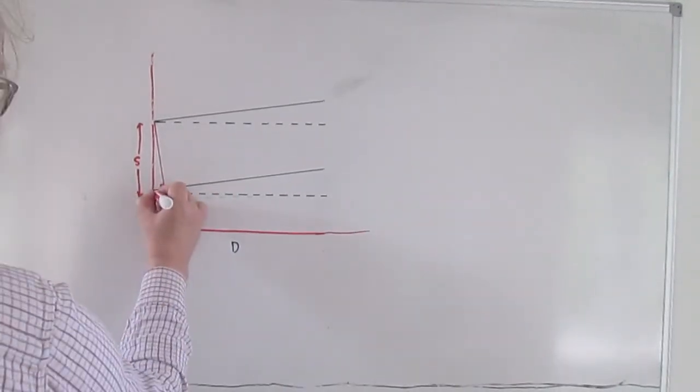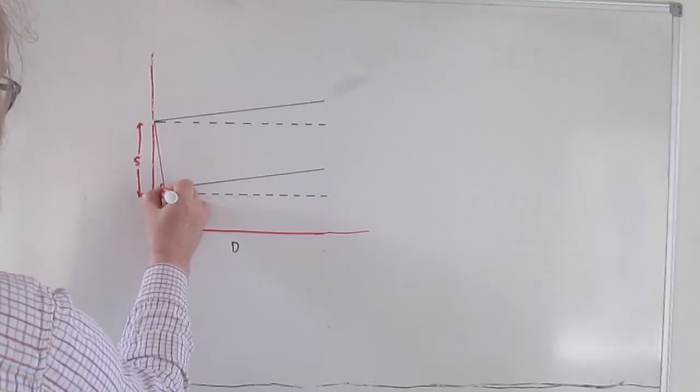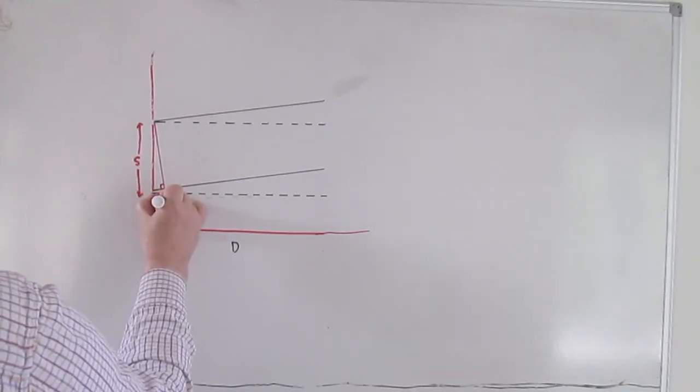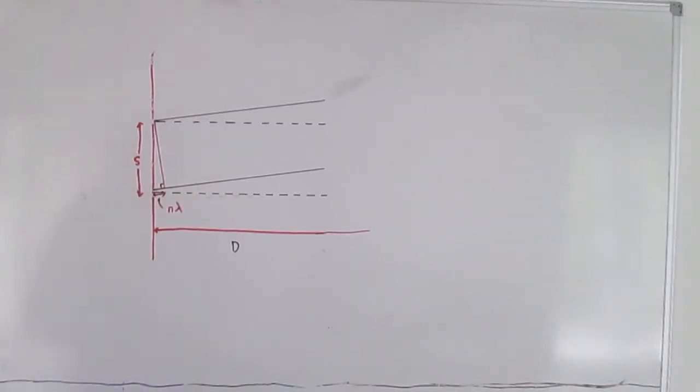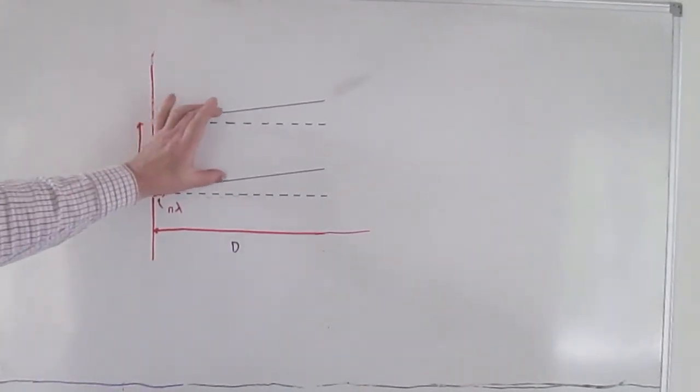This distance here we saw had to be a whole number of wavelengths in order for when these two rays finally meet.